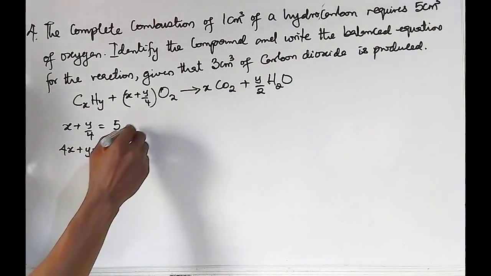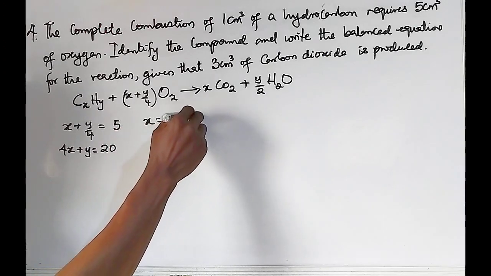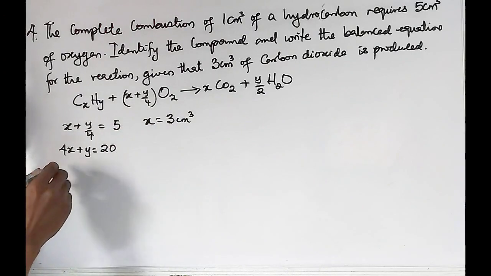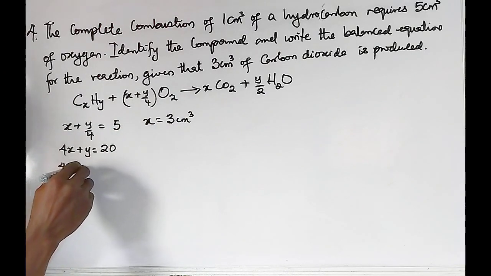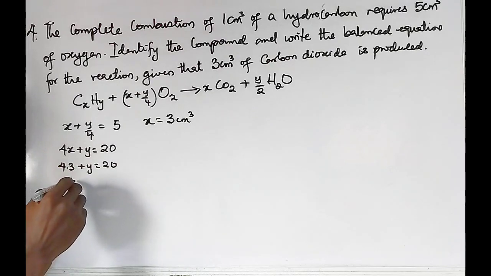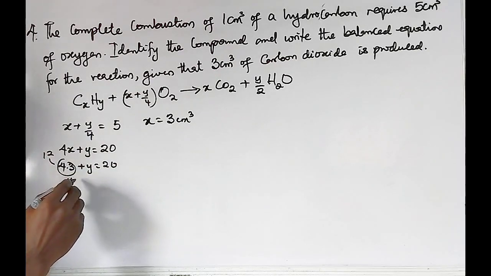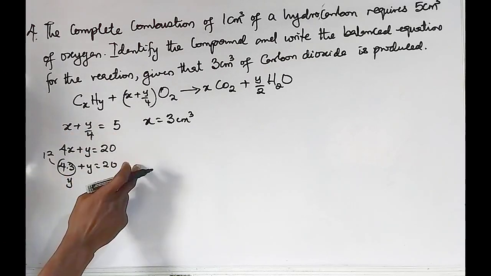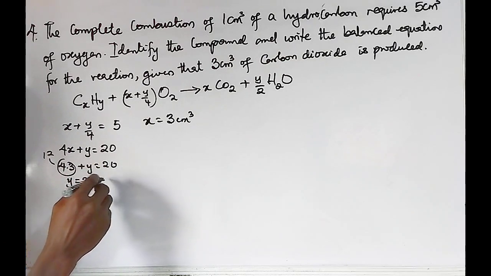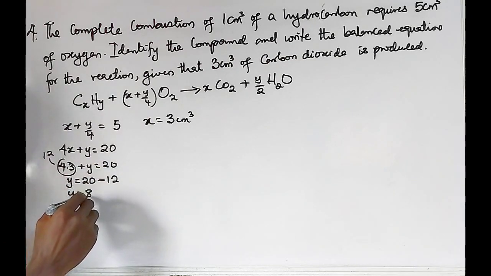So x equals 3. Now let us plug in the value of 3 here. We have 4 times 3 plus y equals 20. This gives us 12, and when we take 12 over to the right-hand side it becomes negative. We have 20 minus 12, so y gives us 8.